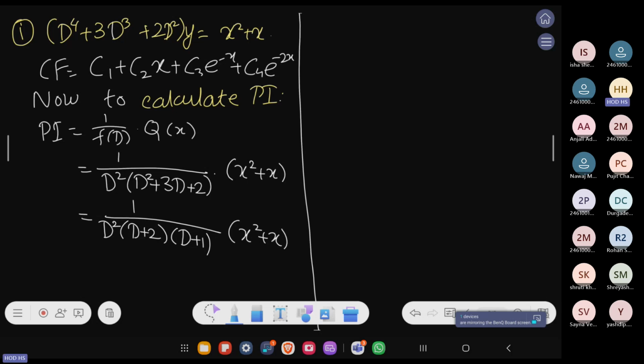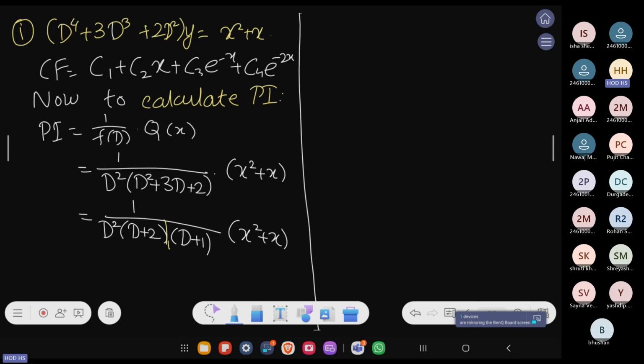Why am I doing this? Because I want to show you the third type of solving this problem. Again, there should be something new for you guys who are coming further. So I'm just showing you the third way to solve the same problem. Okay. So I will ignore this part and I will focus on D plus 1 of x square plus x.